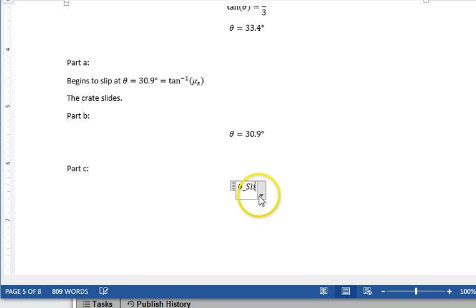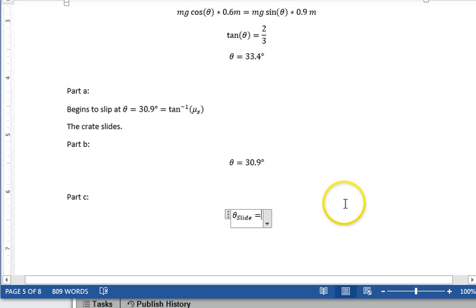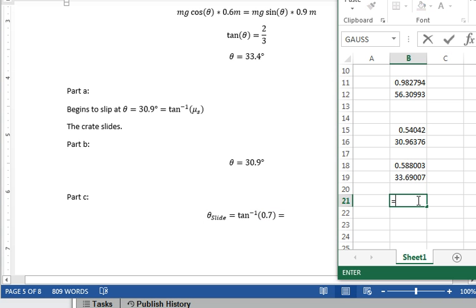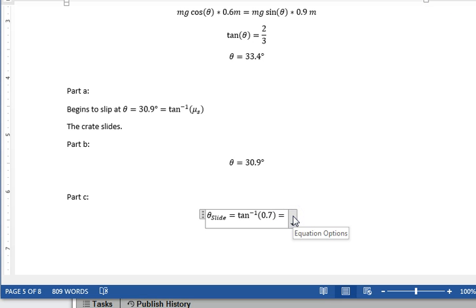Theta slide equals a tan, inverse tangent, of 0.7, which is 34.99, or 35 degrees.